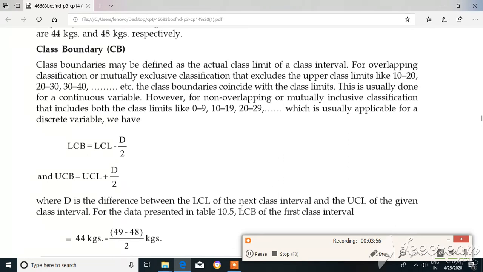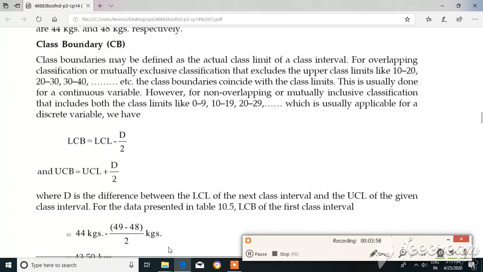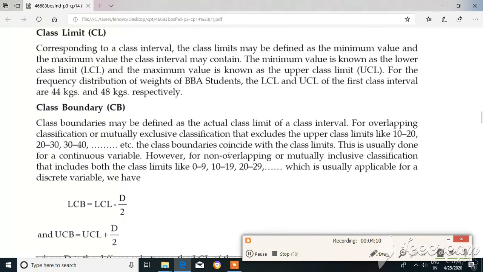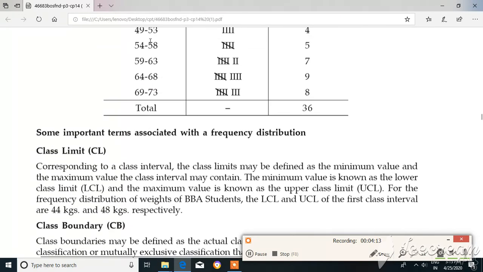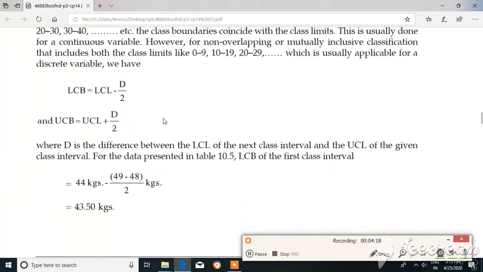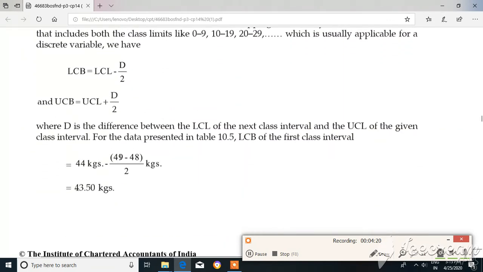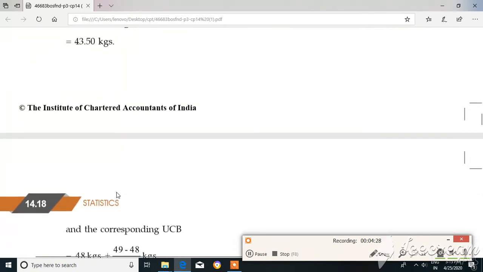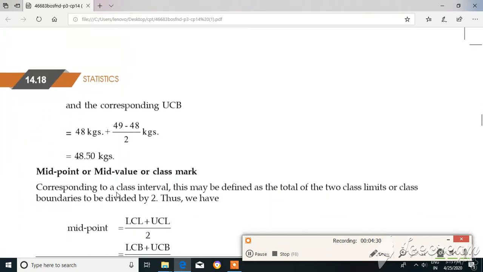So if I consider here the 44 kgs for the data presented in the table, what is the table? The upper table where these are the class limits. So they have considered 44 minus, that is 49 minus 48 upon 2, which gives me 43.5. And the upper class boundary will follow that formula.